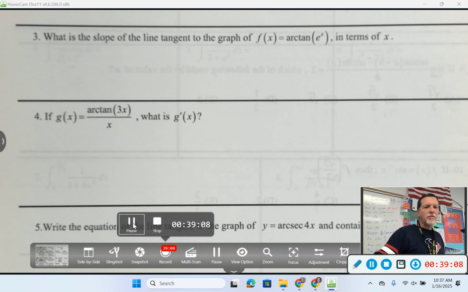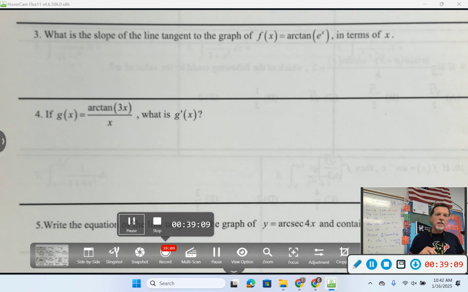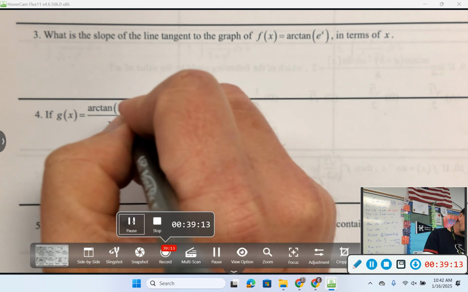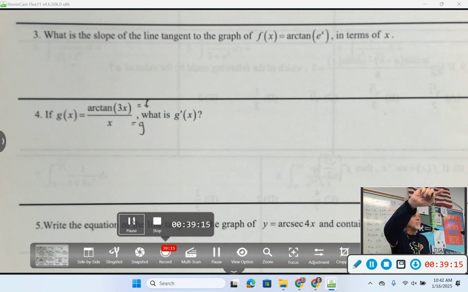All right, try 3 and 4. Okay, number 4. Let's see, that would be quotient rule. Although, hold on, give me a couple minutes here, then we'll be done. Ben, did you do the thing that you asked about, or did you stick with quotient rule? Do you know how to get out of doing quotient rule?